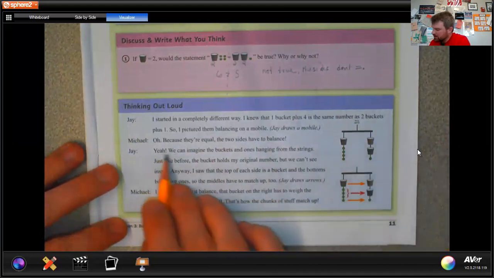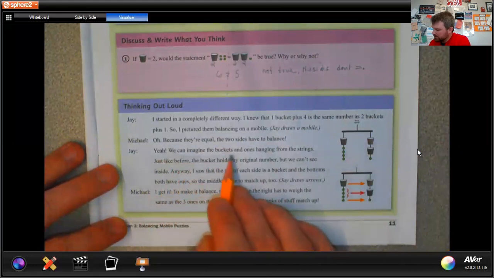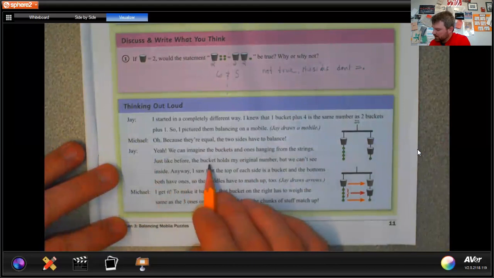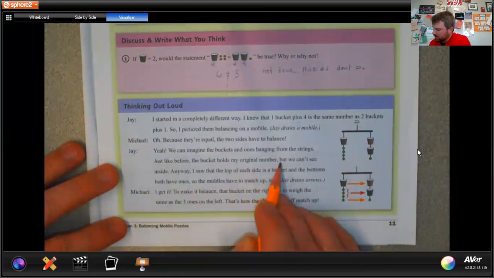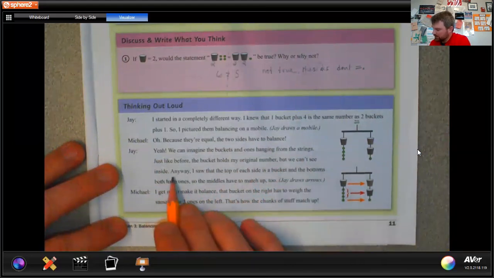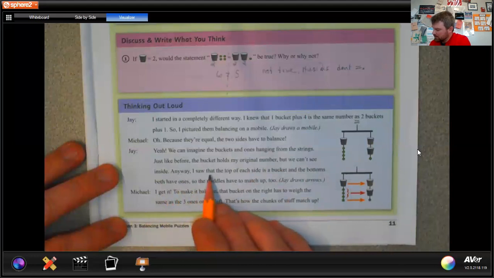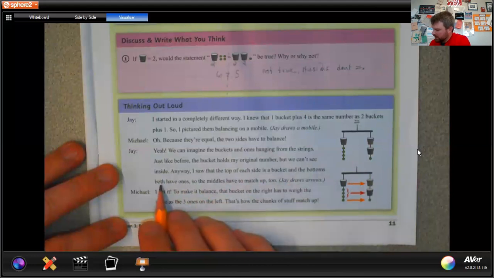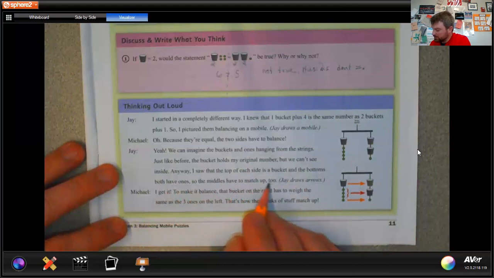Jay says, yeah, we can imagine the buckets and the ones hanging from the strings, just like before. The bucket holds my original number, but we can't see inside. Anyway, I saw the top of each side is a bucket, and the bottoms both have ones. So the middles have to match up too.